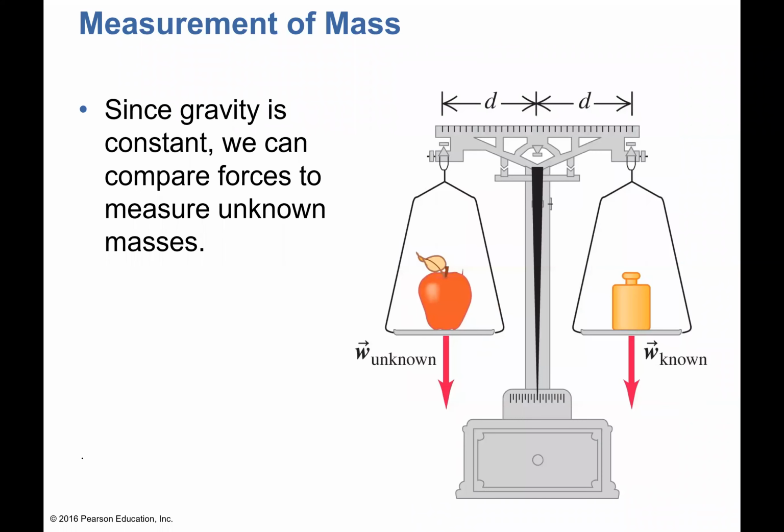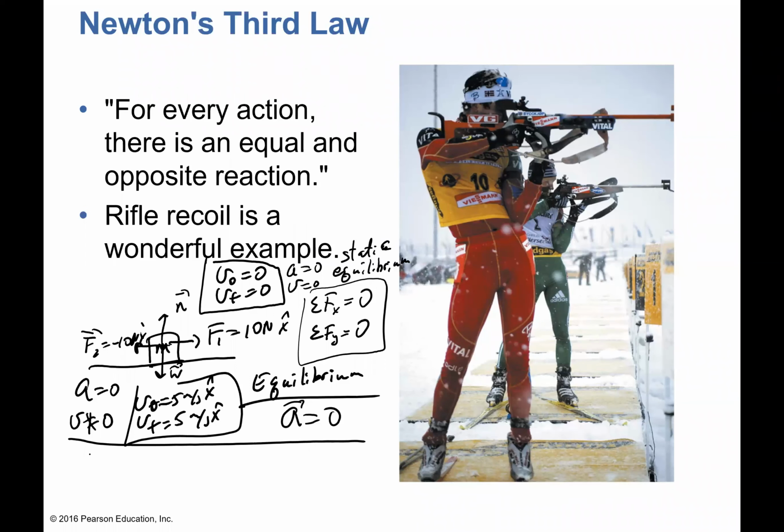This is known as dynamic equilibrium. Again, equilibrium means the object is not accelerating, but in dynamic equilibrium the object is moving with some velocity. The difference is just that: static equilibrium, no acceleration and the object is at rest. Dynamic equilibrium, no acceleration, but the object is moving.